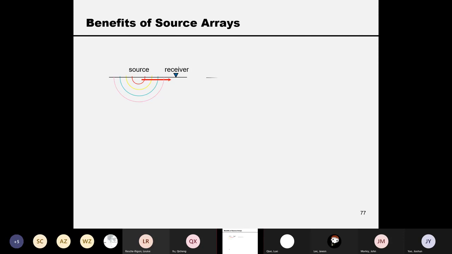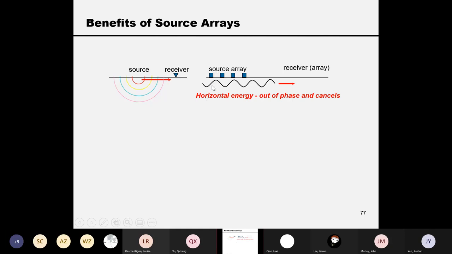You have a source and a receiver. With a source and receiver, you see the wave propagating in the horizontal direction. That's the surface wave.